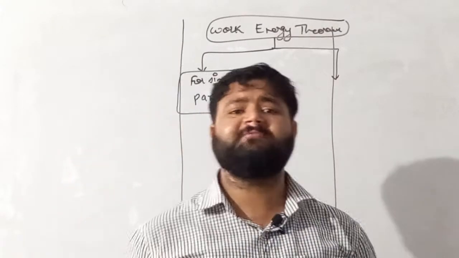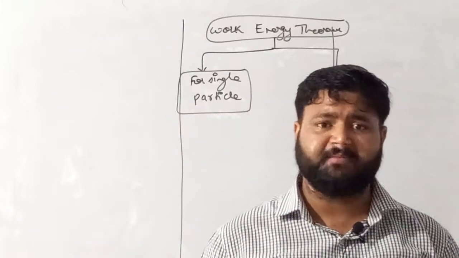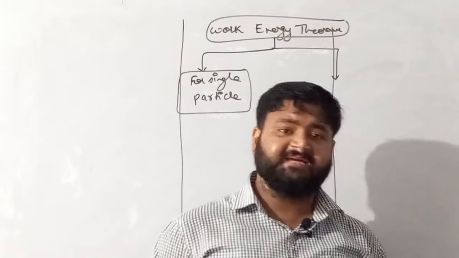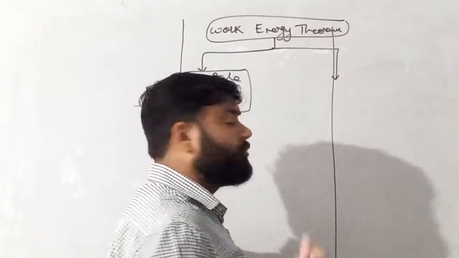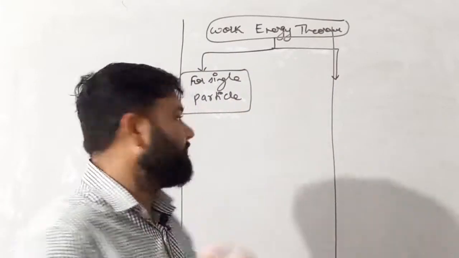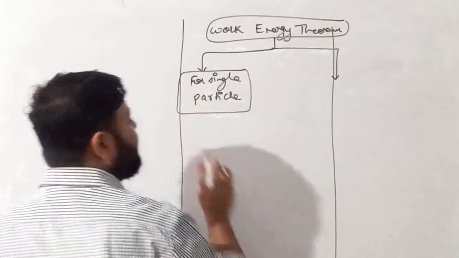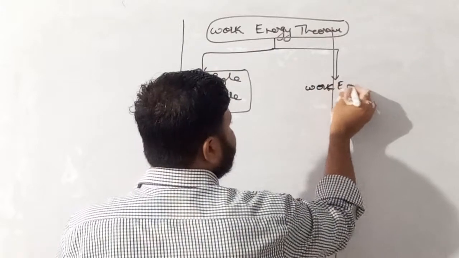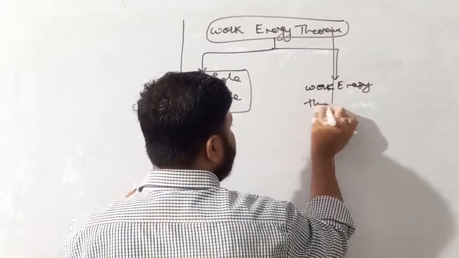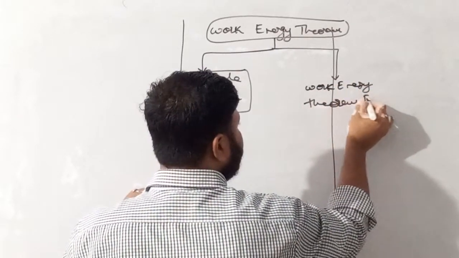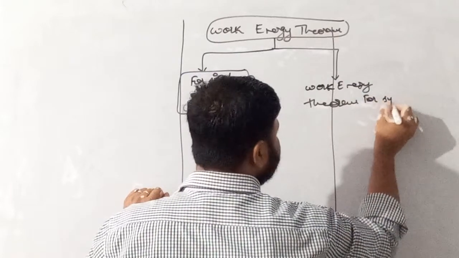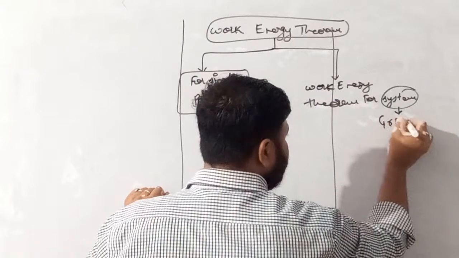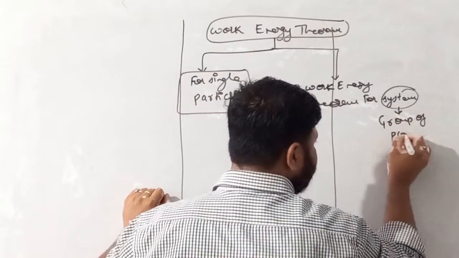Because if more than one particle is present in any system, then we can call it a system. A group of particles is called a system.